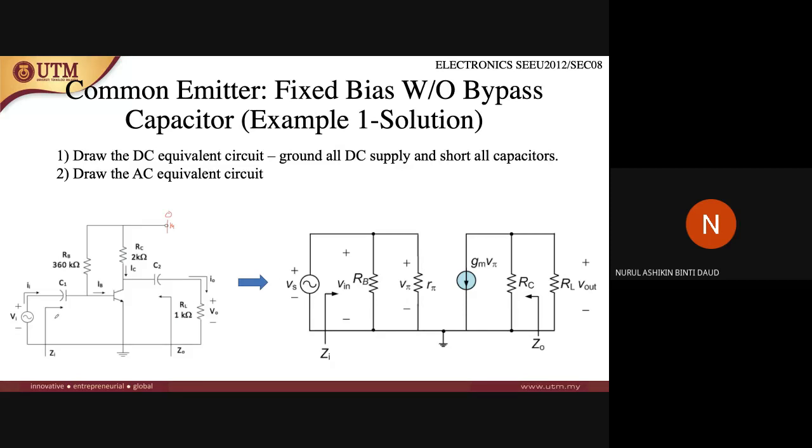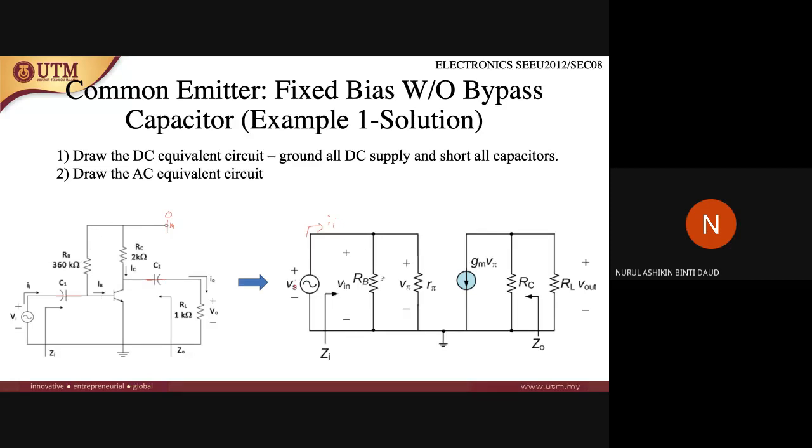And then VI, sorry, this is VI actually, and then II is here. Then this capacitor, make it a short, and then there is RB, which is parallel connected to here.